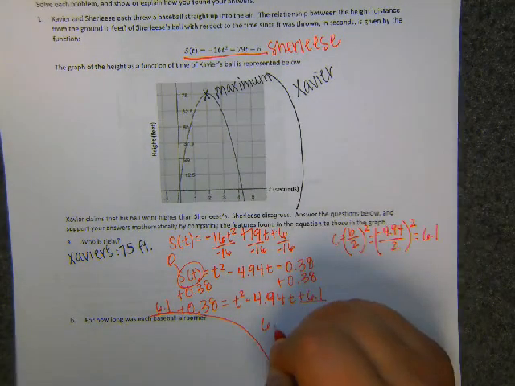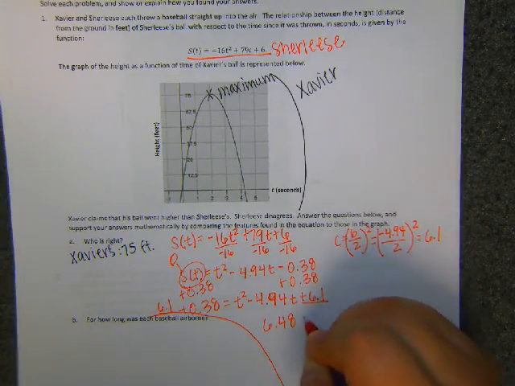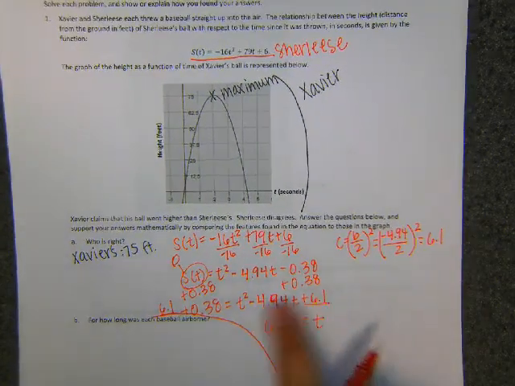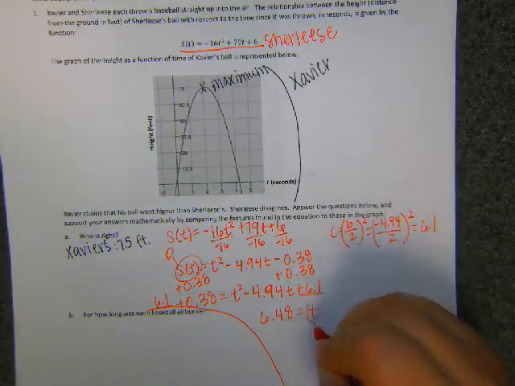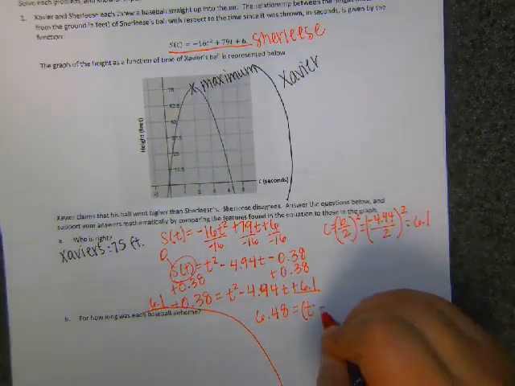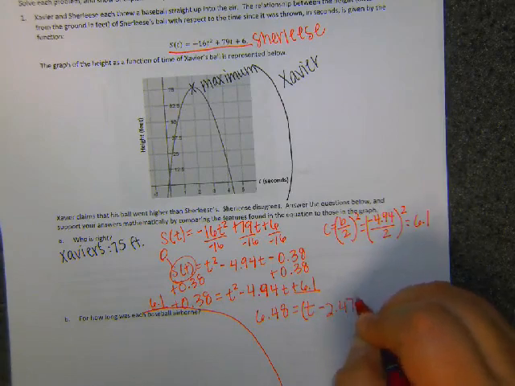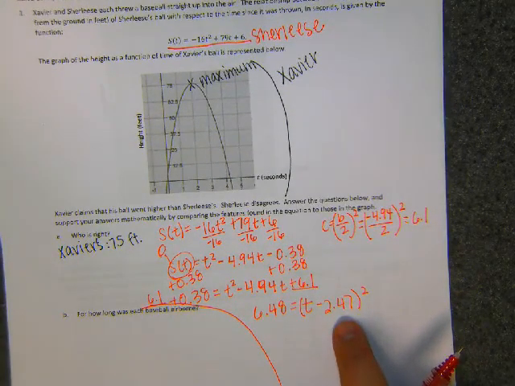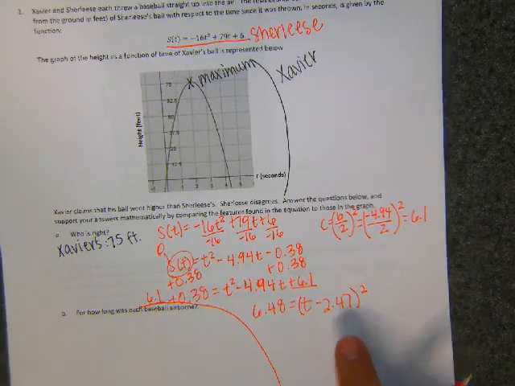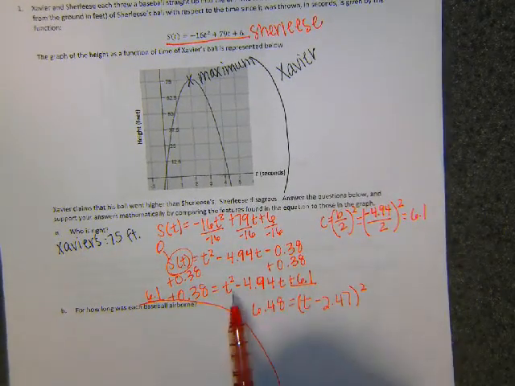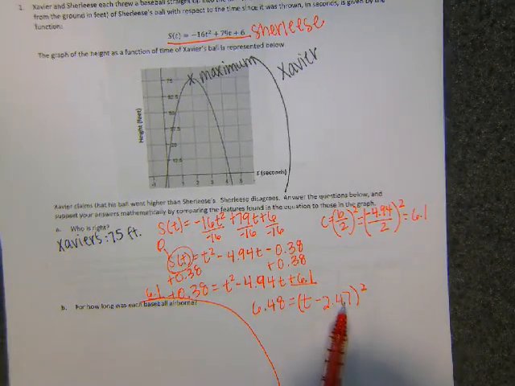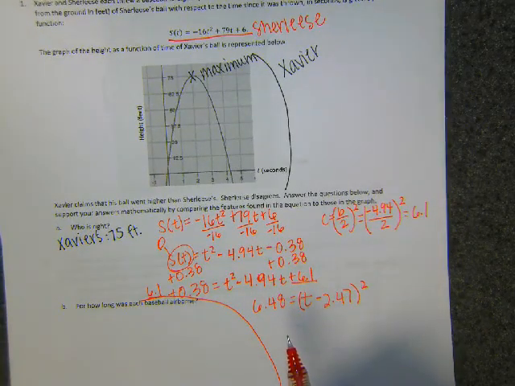So we have 6.48 equals t squared minus 4.94t plus 6.1, and remember, we can rewrite this as t minus 2.47 squared. The reason why we write this as t minus 2.47 squared is because this is our perfect square trinomial. So we can bring our variable down, divide b by 2 to get negative 2.47, and then square it.